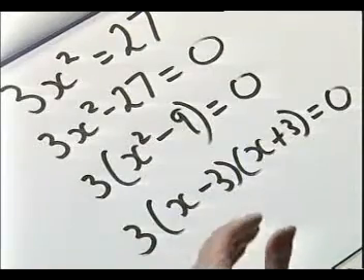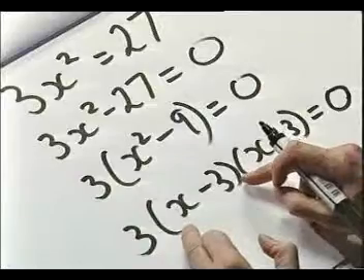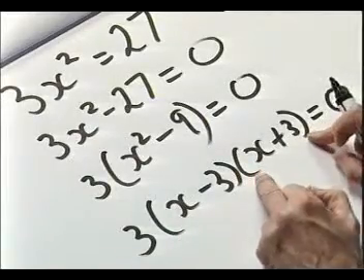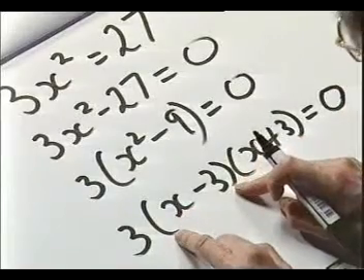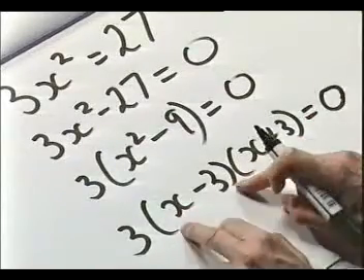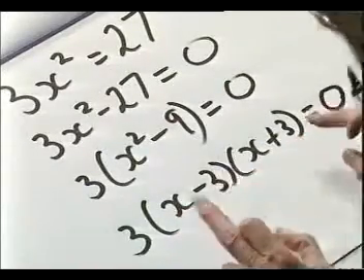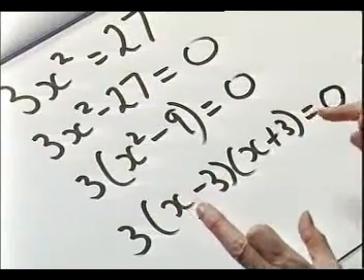Now, when we multiply two expressions together, and we're not quite sure of their value, but we do know what they give us, in this case 0, we can make certain deductions about them. So if I have one number multiplied by another number and the answer is 0, then one of these numbers, that one, or both of them are 0.